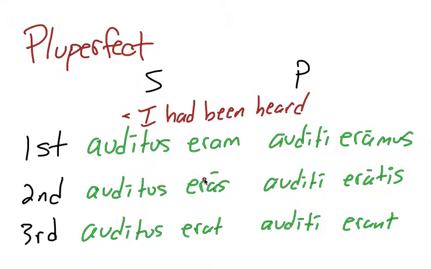Okay, auditus eras, you had been heard, etc. Auditus erat, he had been heard. And again, you can change this to feminine, audita erat, she had been heard, or you could change it to neuter, auditum erat, it had been heard. So keep in mind, just like with the perfect passive, you can change the ending on the fourth principal part. And in the plural, you have to make it plural, whether it's masculine, feminine, or it could also be neuter.